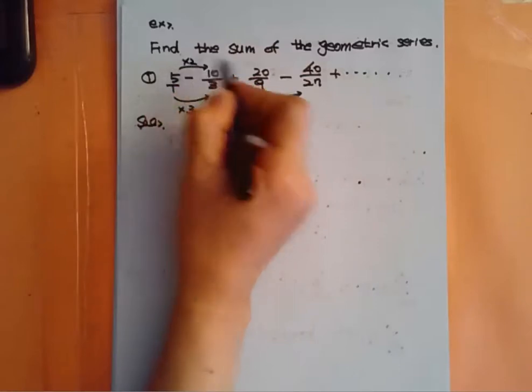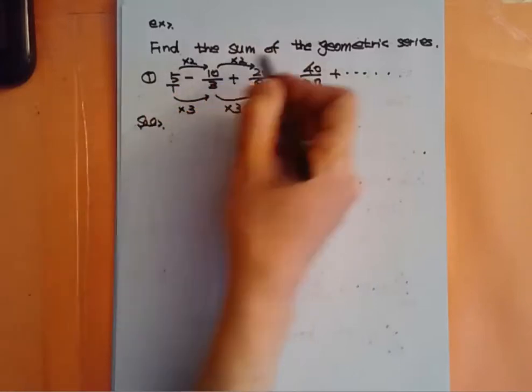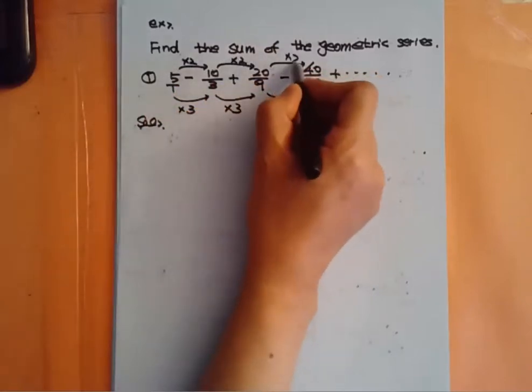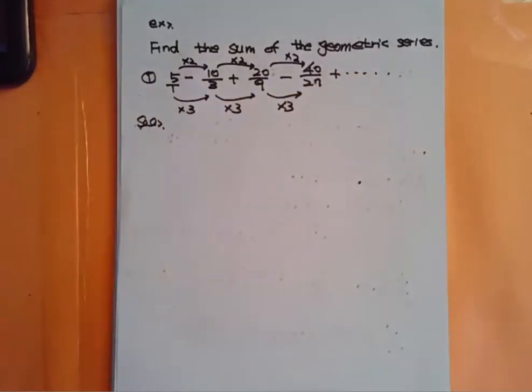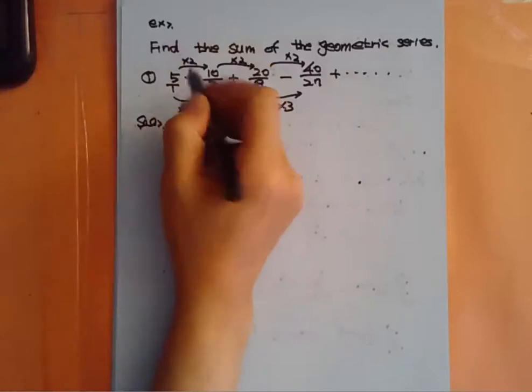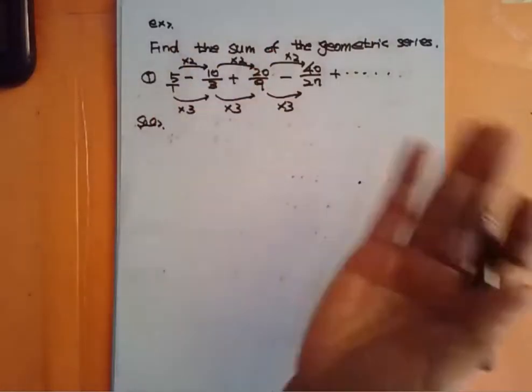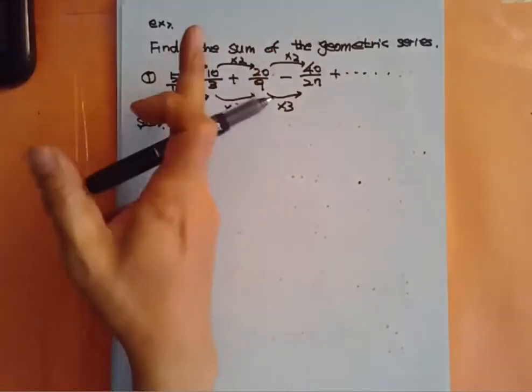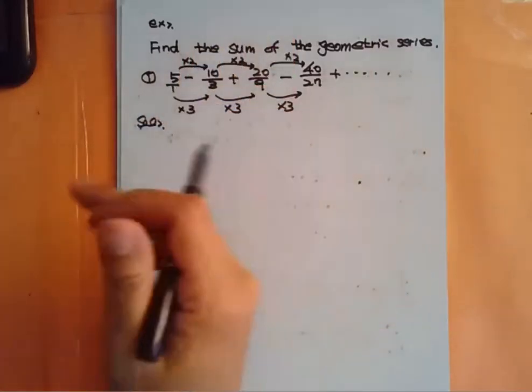For the numerator, we multiply by 2 all the time, but we also notice that it is an alternating sequence, so it changes the sign for each term.